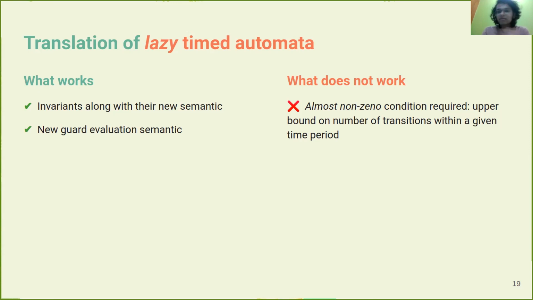Now here, within lazy timed automata, when we have delays in the observation of specific clock variables, we can indeed capture the invariants within the translation along with the new guard semantic, but we still need the almost non-zero condition as an upper bound on the number of transitions.